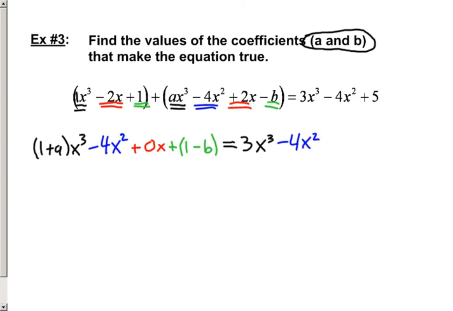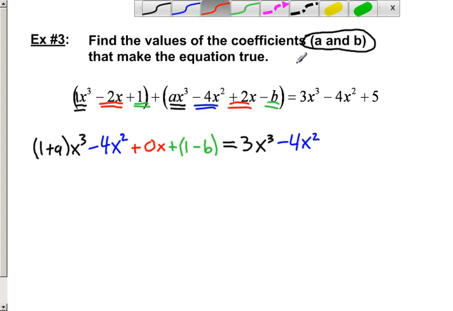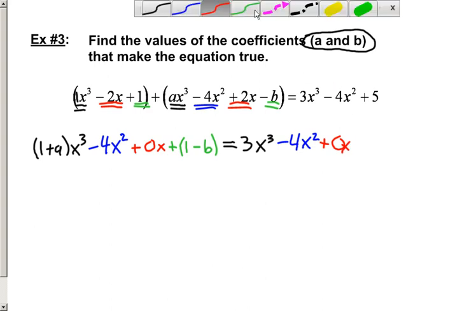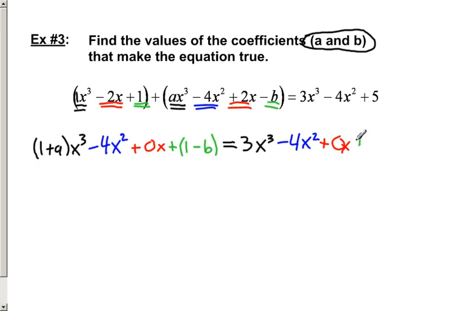Looking at the other side, it does not have an x term, so I will do the exact same thing as on the other side, plus 0x. That should be plus 0x, not plus qx, but you'll deal with it. And then our last term is the constant, plus 5.